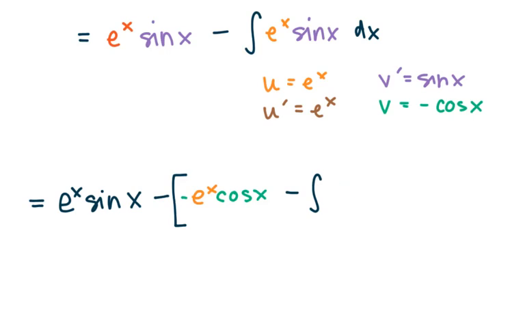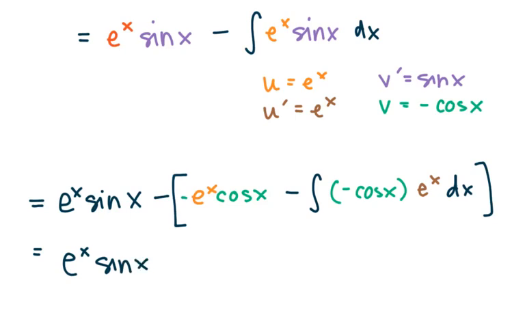So that would be negative cosine x times e to the x, dx. Simplifying this just a little bit, I have e to the x sine x plus e to the x cosine x.